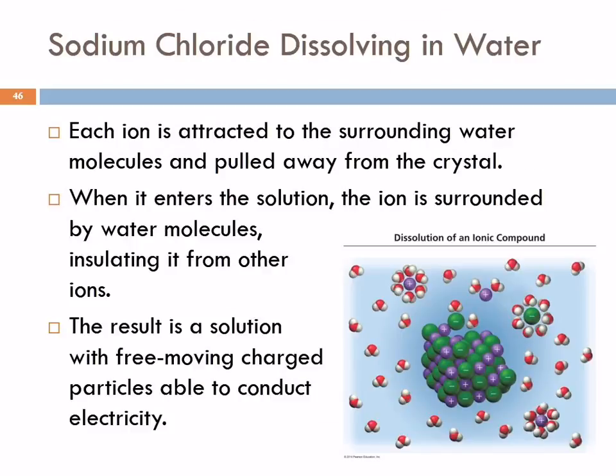And what happens is that many water molecules will surround the sodium ion with its positive charge and turn their negative side towards the sodium ion, essentially replacing the attraction that it felt for the chloride. And the chloride's attraction for the sodium ion gets replaced by several water molecules clustering around it with the positive sides towards the negative ion. And as a result, the ions are able to separate from each other and move freely throughout the water solution.